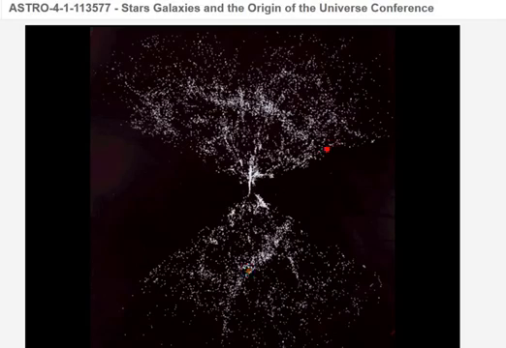So what do we see here? Well, we see what's called the Great Wall. This is towards the northern cap of the visible sky, looking towards our Milky Way. So that's the Great Wall. And there's the Great Wall of the South.